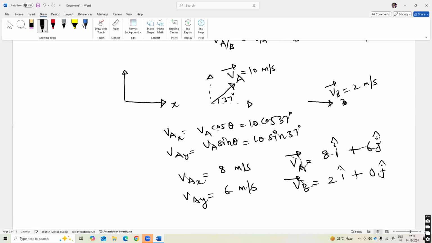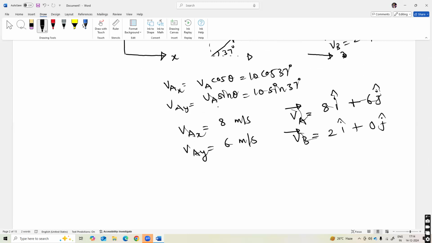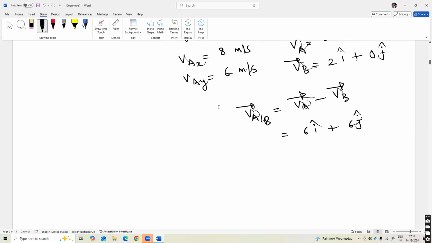If we have to find the relative velocity of A with respect to B, you write va minus vb. So it will become 6i plus 6j. You can subtract only the x components and the y components separately. You cannot subtract them in any other way. So VAB is 6i plus 6j.